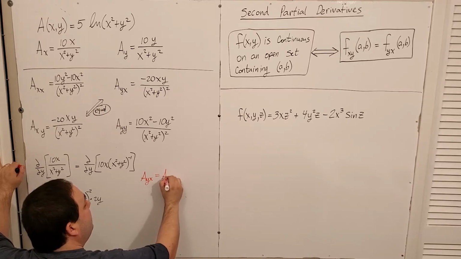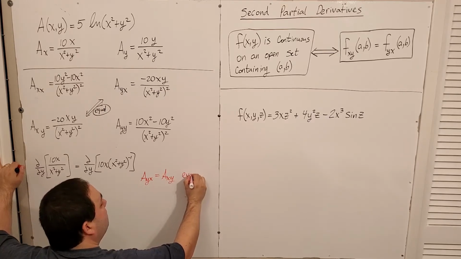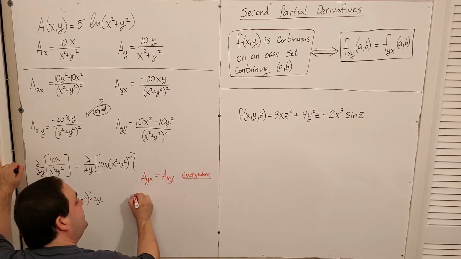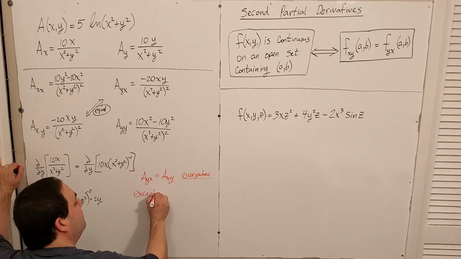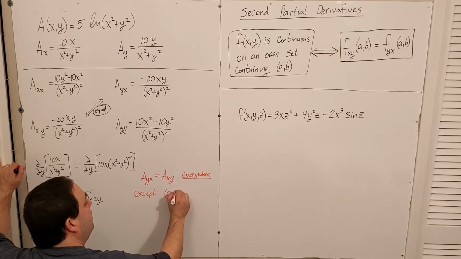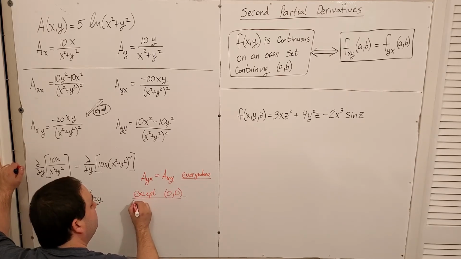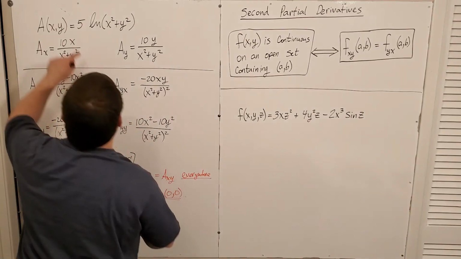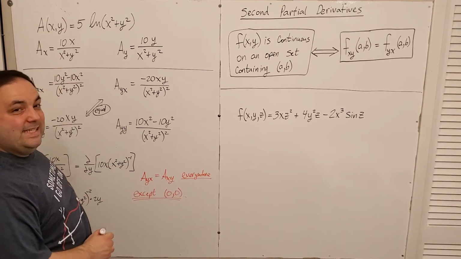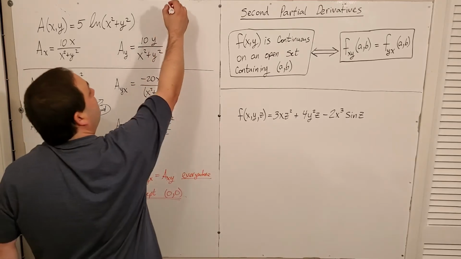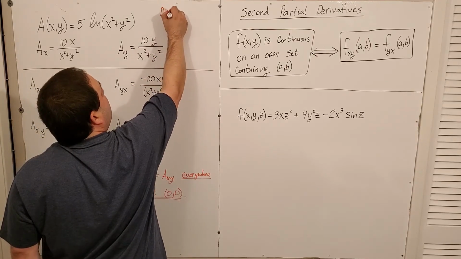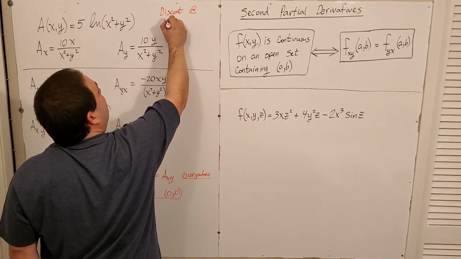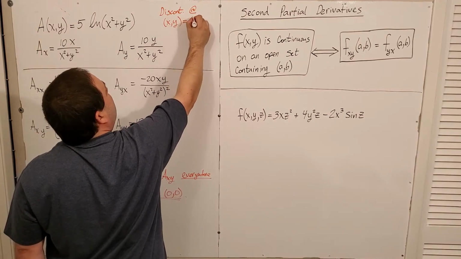f_yx equals f_xy everywhere except (0, 0). So notice also the original function here is not continuous, right? Discontinuous at (x, y) = (0, 0).